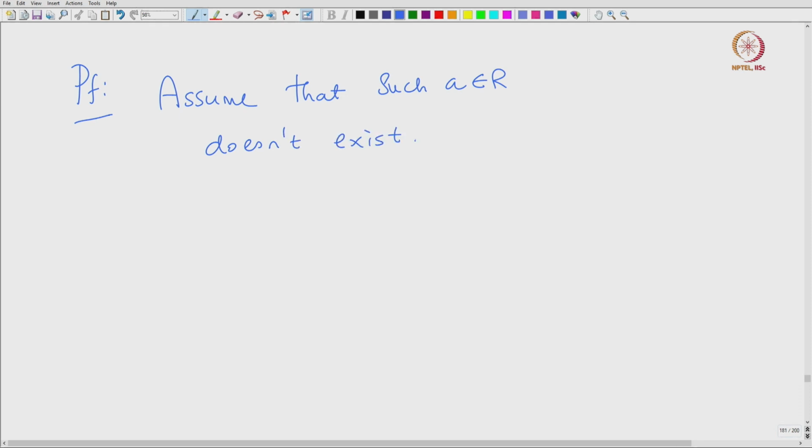That means whenever you look at the cardinality of the pre-image, all of them should be strictly less than the floor of (n minus 1) by r, plus 1, and this is true for all a in R. That is what this assumption gives: all the pre-images have cardinality strictly less than this number.